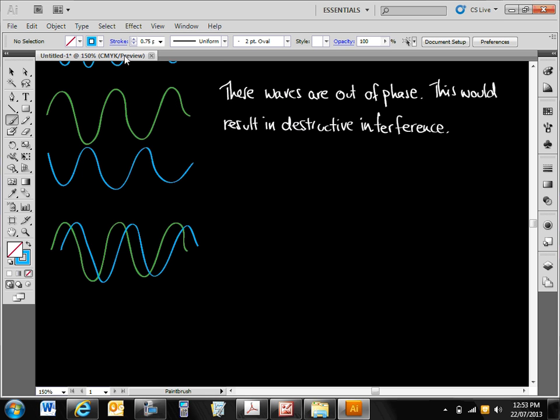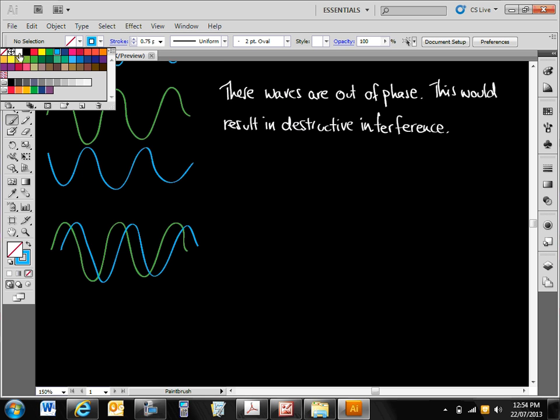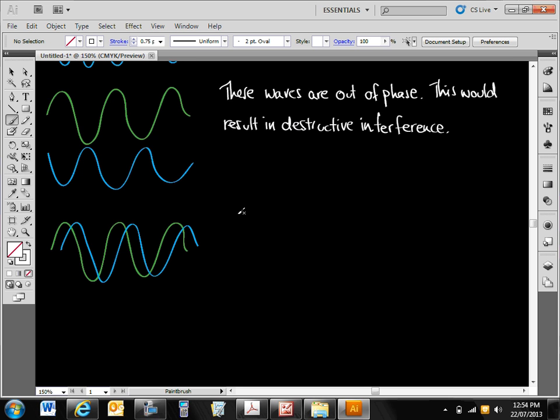Those waves are out of phase as well. These waves have the same frequency but are out of phase.